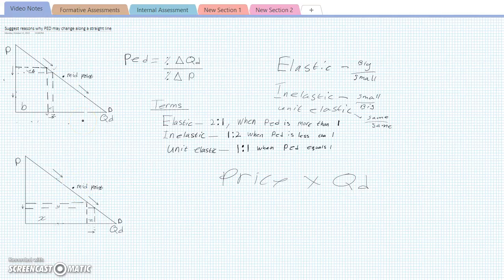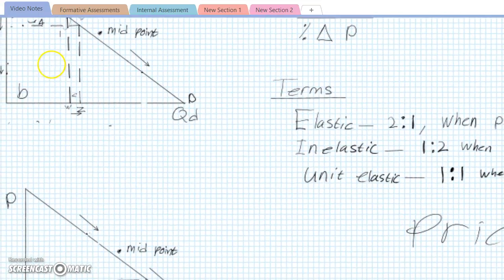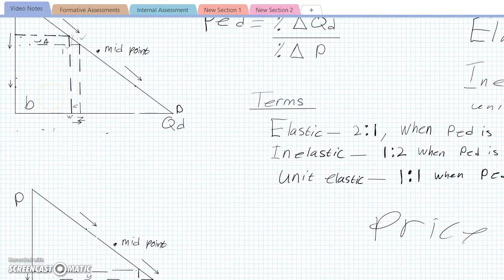So just by looking at this, we can see that in the first diagram PED is elastic because, if you look over here, sorry, we didn't give any numbers to these, we gave letters, we can see C is bigger than A, meaning that you would rather go with C rather than A.